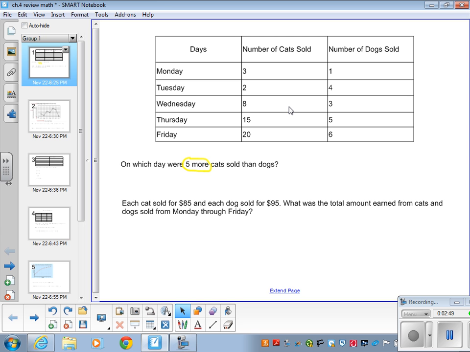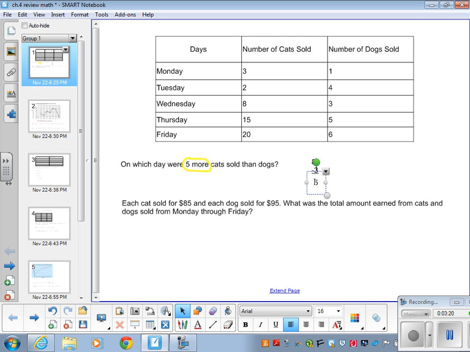So what we can do to see if 5 more cats were sold, we can take the number of cats and subtract the number of dogs from it. Let's see, 8 minus 3, gives us what? What's 8 minus 3?